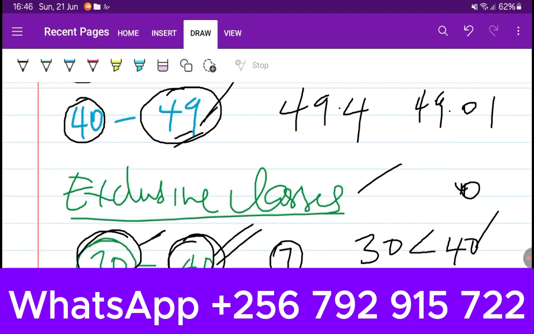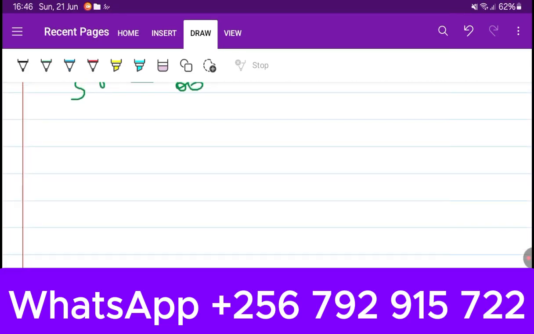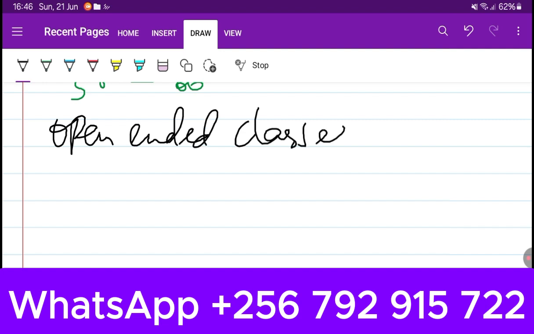So we've looked at the exclusive classes and the inclusive classes, but we had one last class which we called the open-ended classes. In these classes, the lower class limits and the upper class limits are either known in some classes, or in other classes they may not be known.